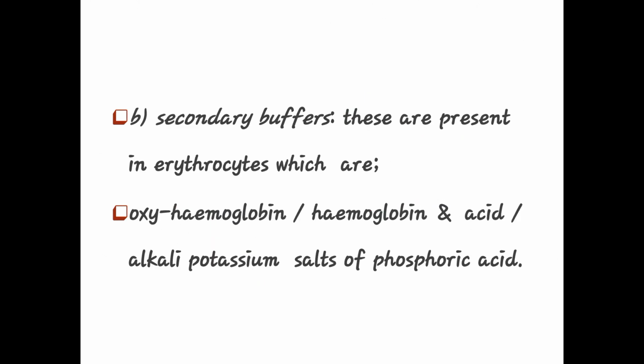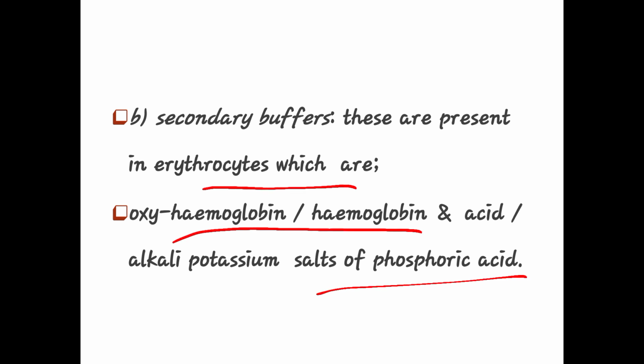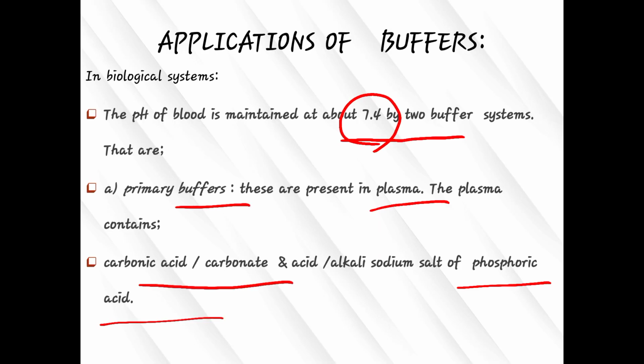Next, the secondary buffer is present in erythrocytes, that is RBC. It consists of oxyhemoglobin or hemoglobin and acid or alkali potassium salt of phosphoric acid. These are the two buffers, primary and secondary, present in our biological system, that is blood.